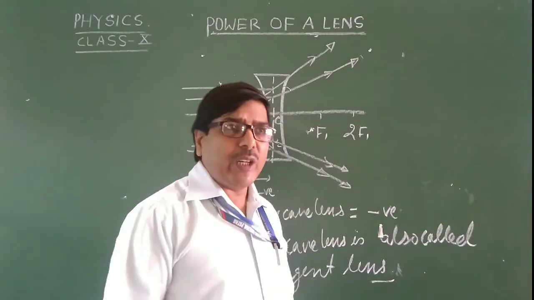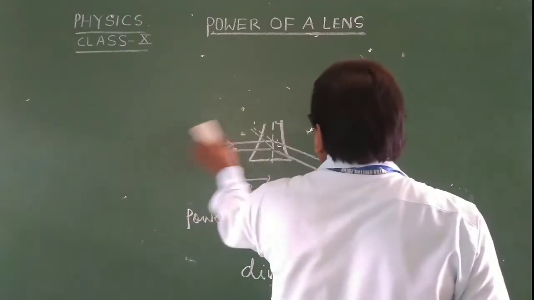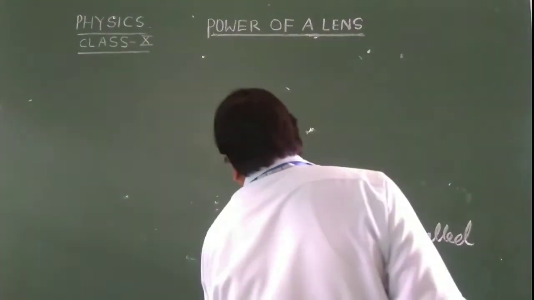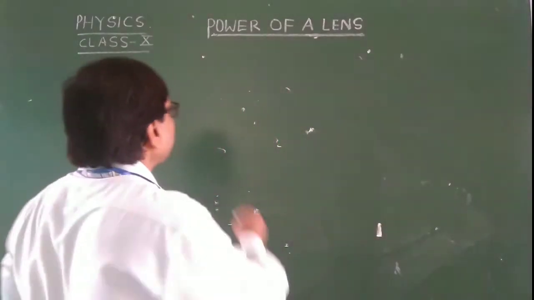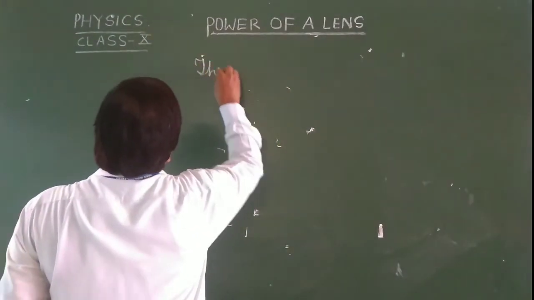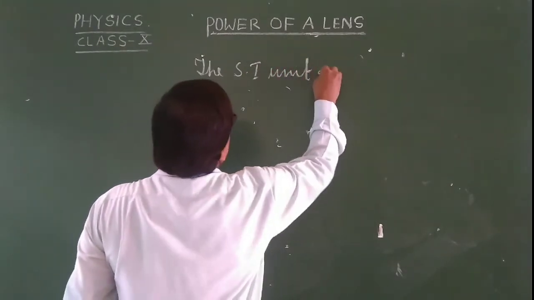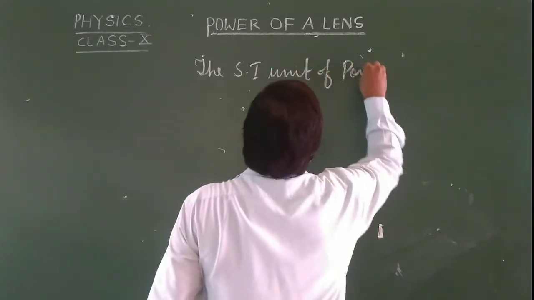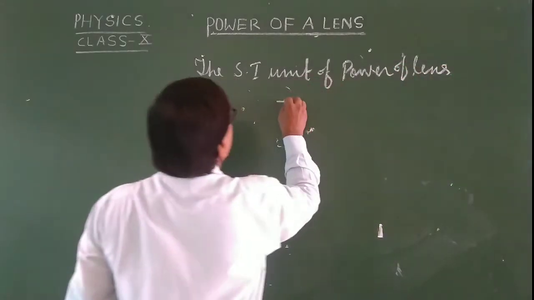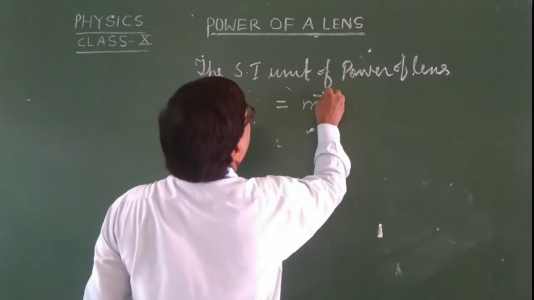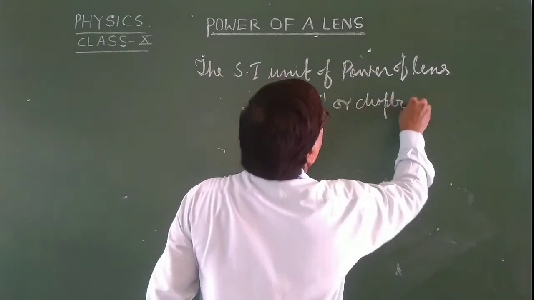Okay, so how can we define one diopter? It's a very important question. As we know, the SI unit of power of a lens is per meter or diopter.